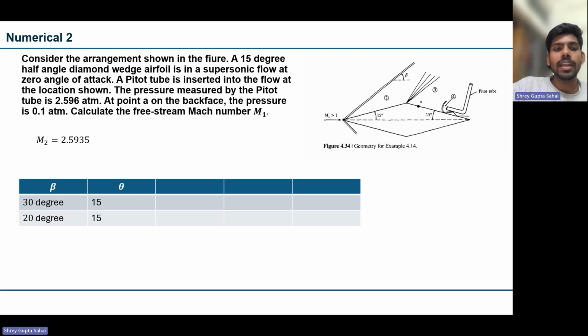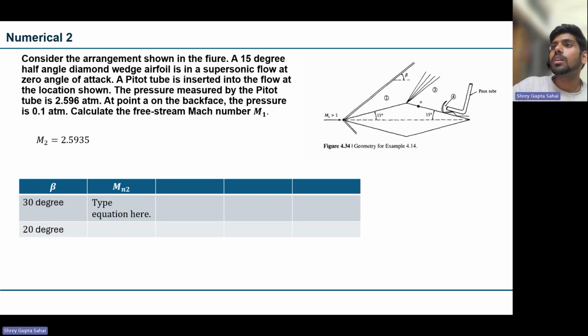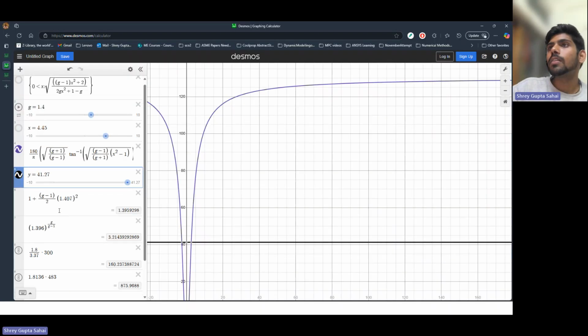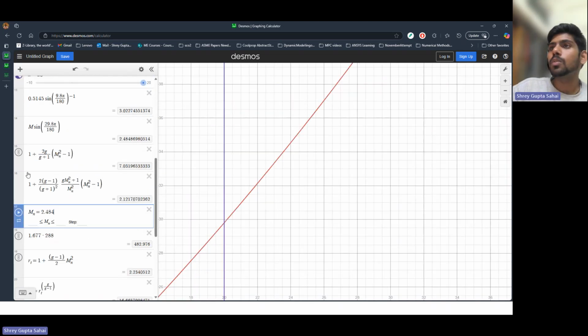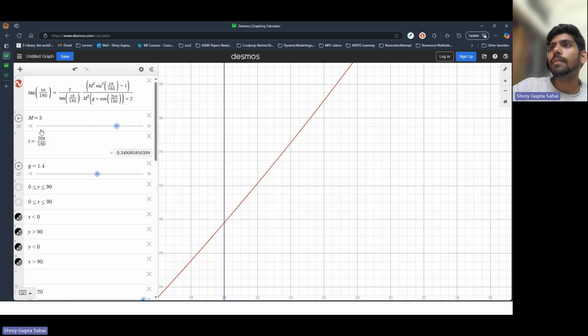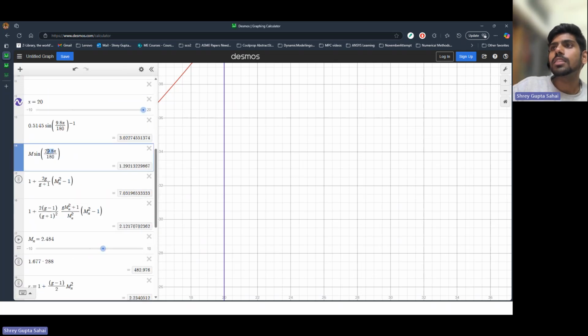right? So from that, Mn2 will be what? Mn2 will be M2 sine of 15 degrees, and that will be M2 sine of 5 degrees, right? So let's just calculate there. So we know Mn2, M2, M is 2.56 we can take, and 2.6 sine of 15 degrees is how much?